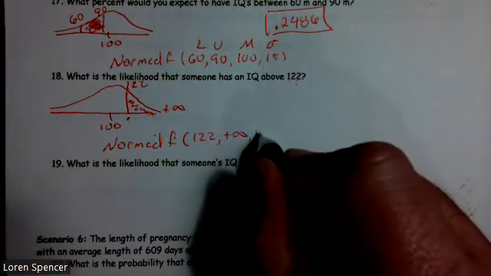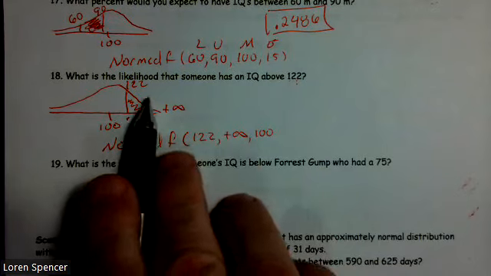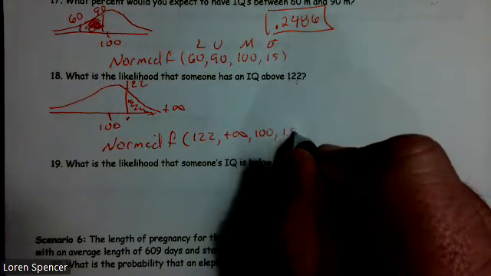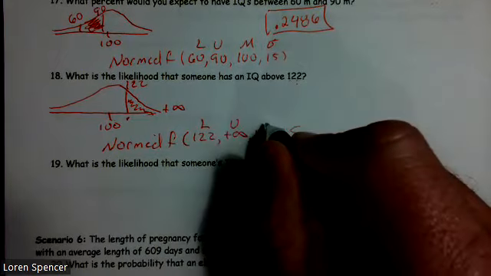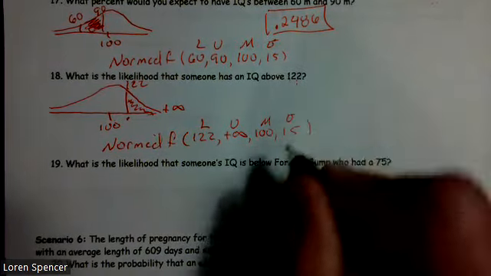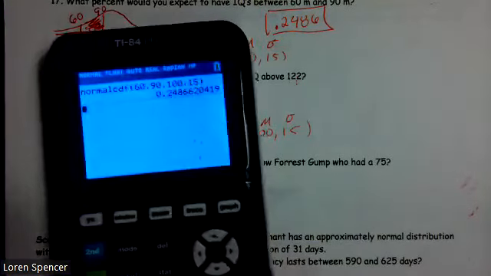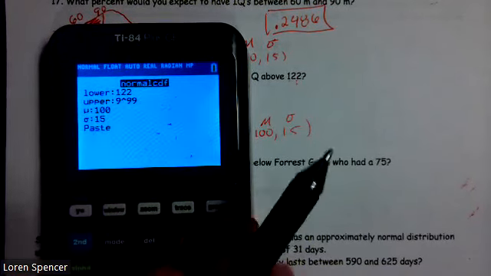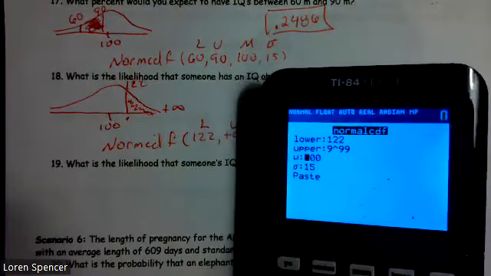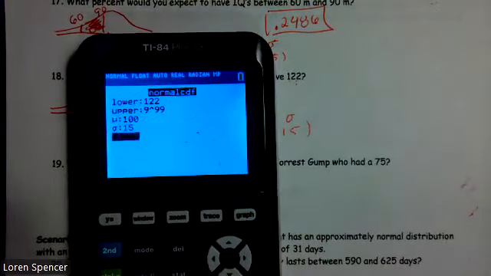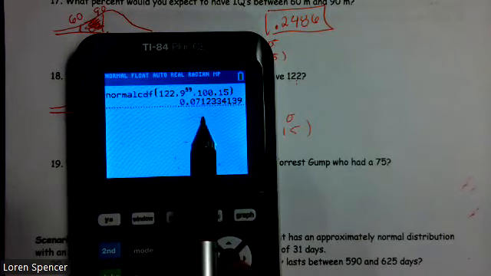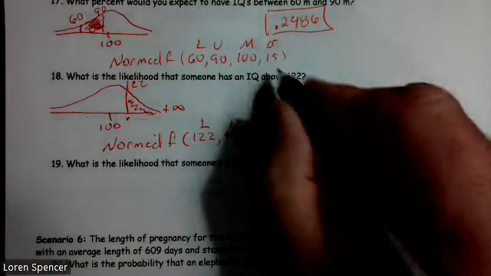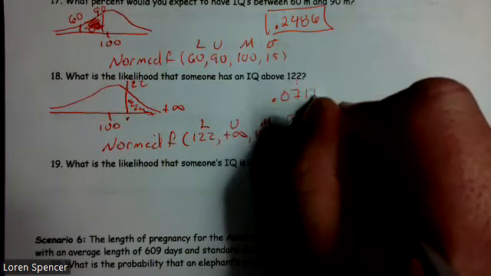My mean was 100, and my standard deviation is still the same 15 that we've been working with. So lower, upper, mean, standard deviation. Second vars, normal CDF, 122. We went to infinity. And that was our mean, and that's our standard deviation. So that looks like what I have drawn. And I have 0.0712.